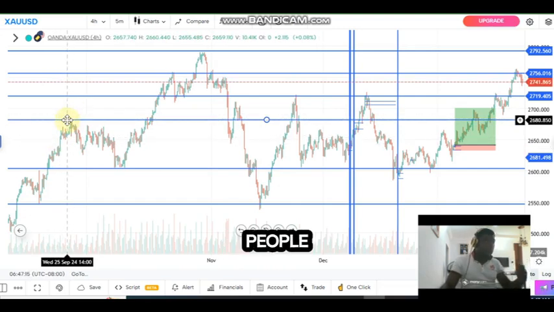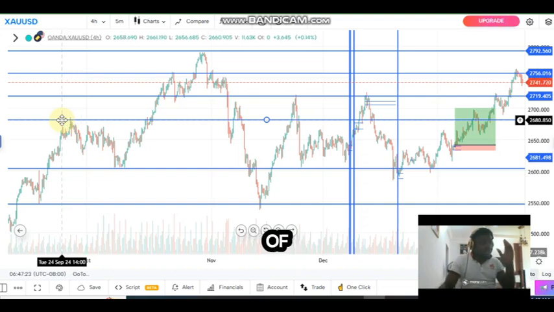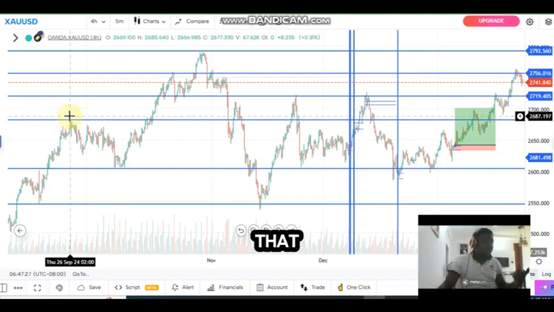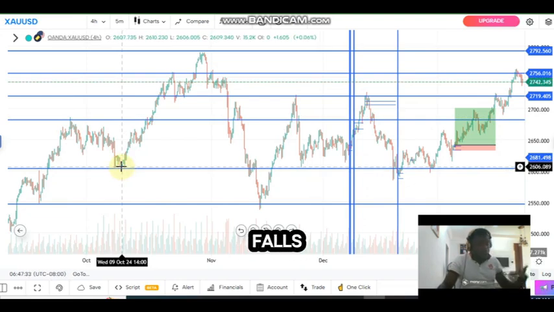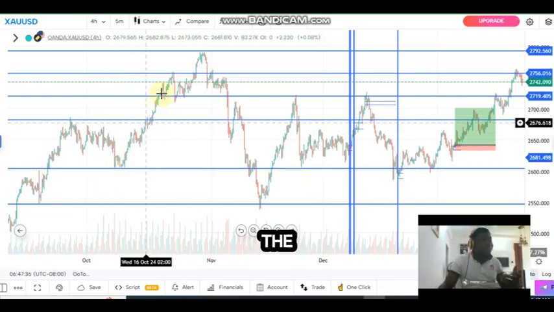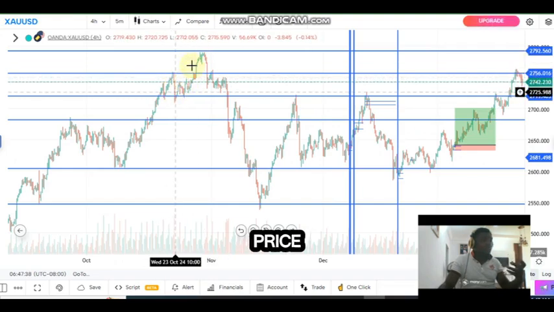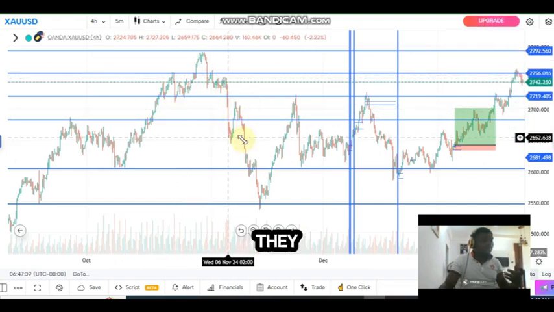The large chunk of people selling and the liquidity on the sell side is far greater than the one on the buy side. The price falls. When it gets to this point, the people who believe the price is going to rise start buying. That is exactly what is happening. And look at how it is respecting these zones.